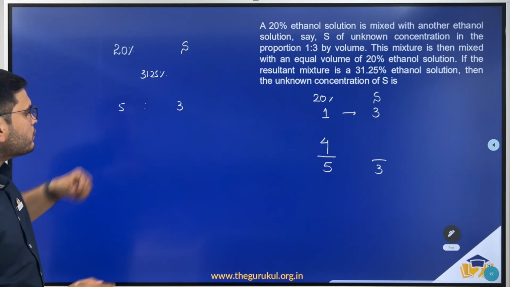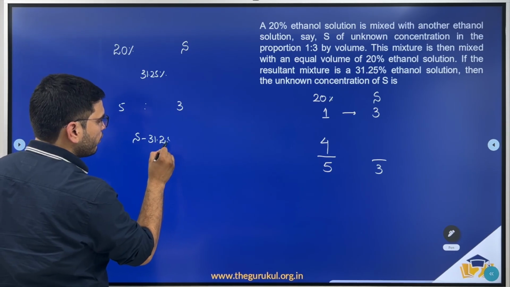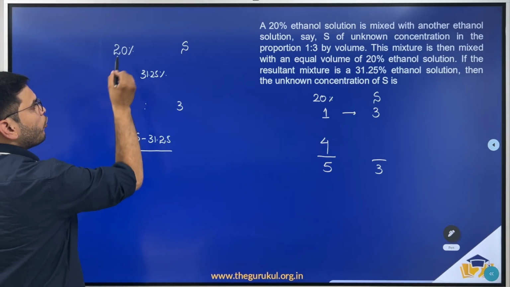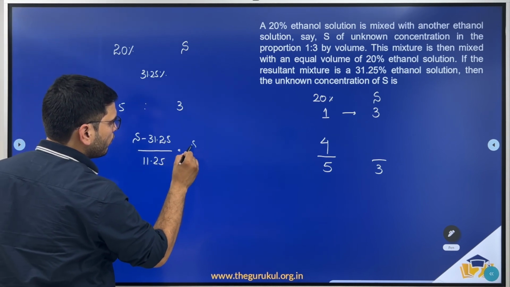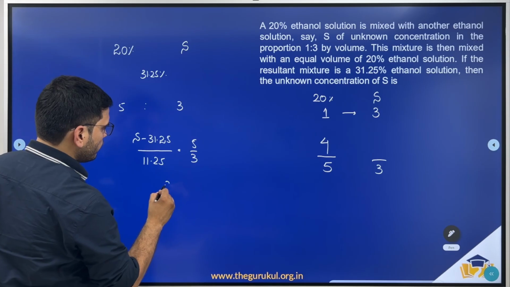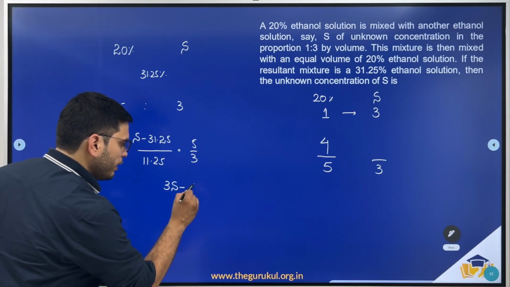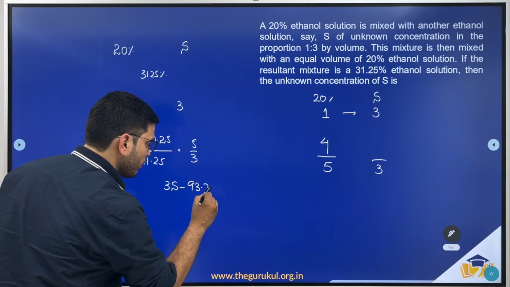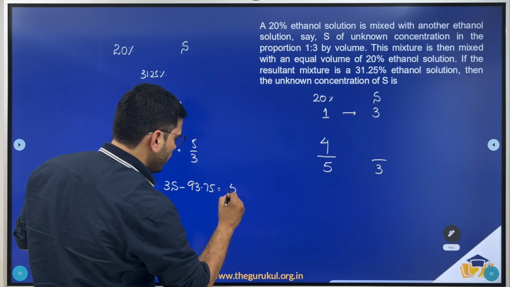So (S minus 31.25) by (31.25 minus 20), that is 11.25, should be equal to 5 by 3. So 3S minus 93.75 is equal to 56.25.